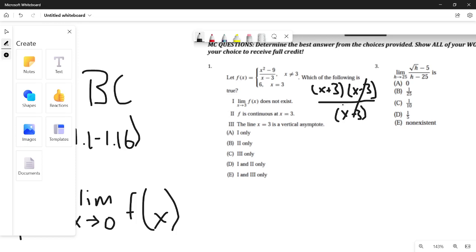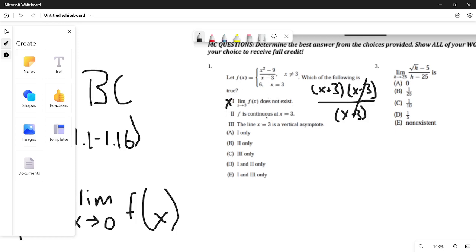Plug in 3 here, we get 6, which is the same as x equals 3. A limit exists if, as you approach it from either side, you reach a number. Even if this was a different number, like 5 or 1 or whatever, the limit would still exist because it still approaches 6 from either side. So this is false.